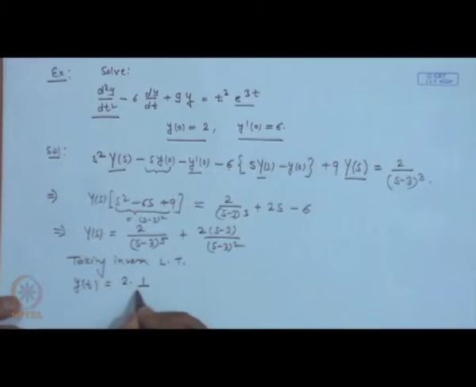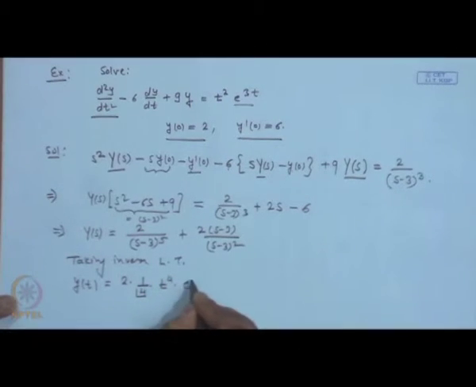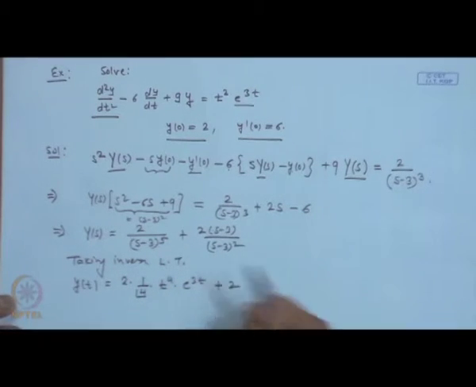So, we have 1 over factorial 4, that constant will be accommodated here, and we have t to the 4 and e to the 3t for the shift of 3. And similarly here, this is 1 over (s minus 3), and that will be e to the 3t, using the shift theorem, or directly we know it is e to the 3t.